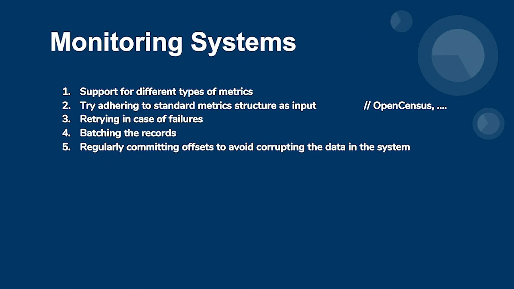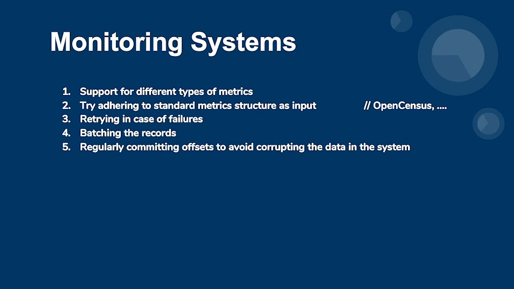Building connectors for monitoring systems such as Datadog, Prometheus, CloudWatch, AppDynamics, and many other systems, we should try adhering to some of the standard metric formats like OpenCensus and OpenTelemetry. Treat these formats as input, and then finally write them to the Kafka topic.